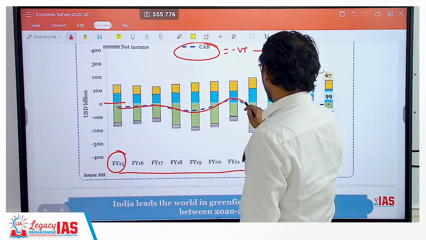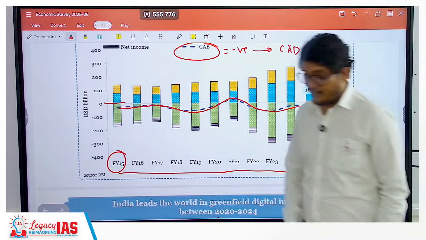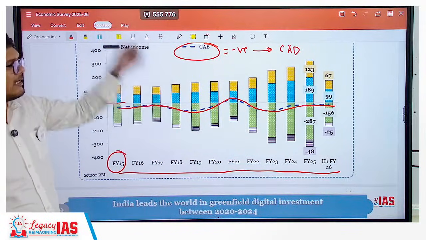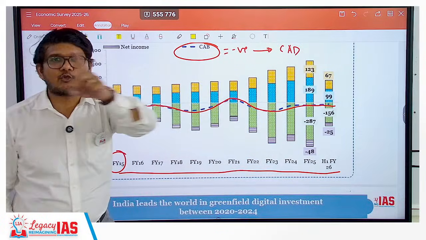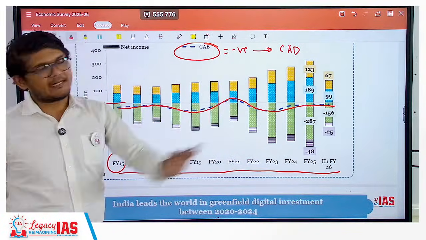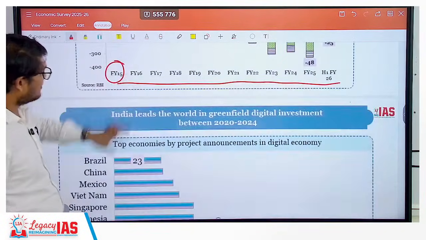Only once it went positive, and again it went negative. So in UPSC, you can be directly asked a question that the current account balance has been in deficit in the last 10 years, except that in one year it actually became positive. So this trend you should know. Exact numbers as such are not needed, but the trend is definitely needed.